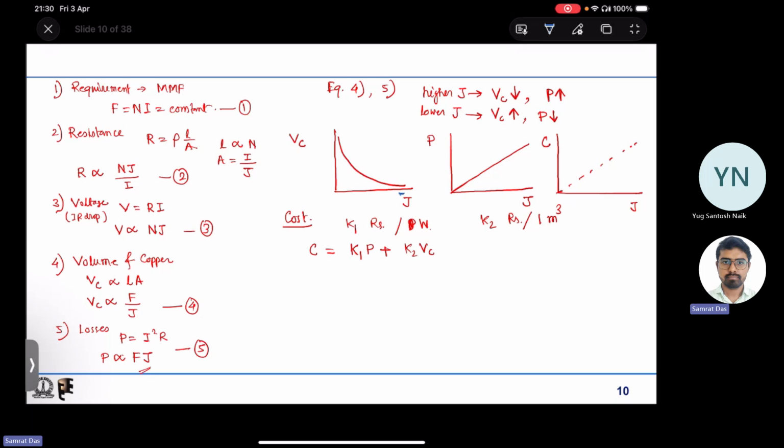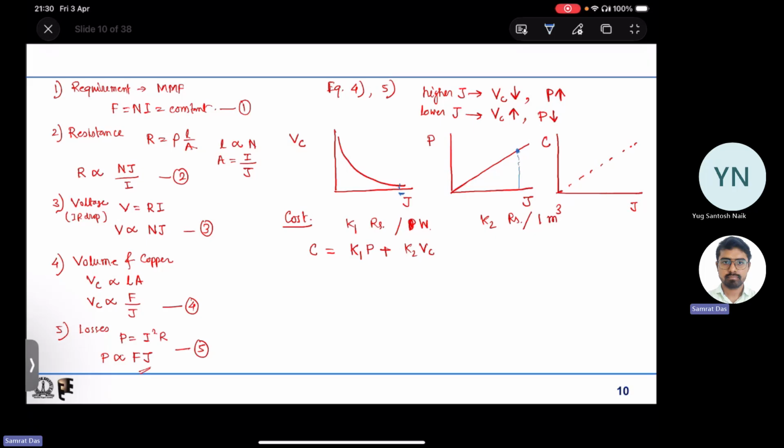So at infinite j, the VC requirement will be zero. So at higher j, the cost curve will be closer to whatever is the value corresponding to the power.